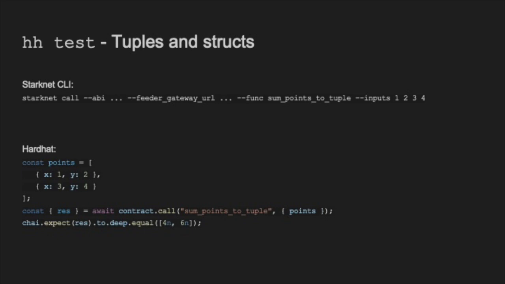So you specify the members of the struct by their name, x and y, and also since JavaScript does not have native tuple support, JavaScript arrays are utilized for this purpose. And these have been the main use cases with which this plugin and DevNet can be helpful.